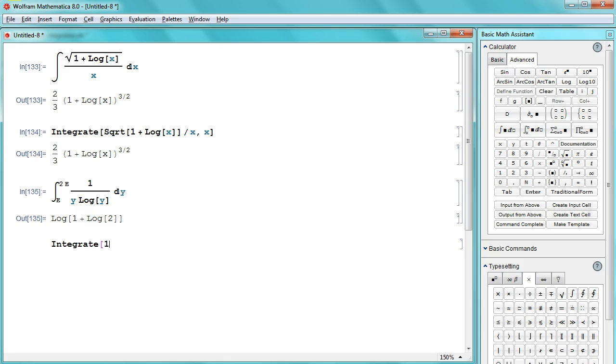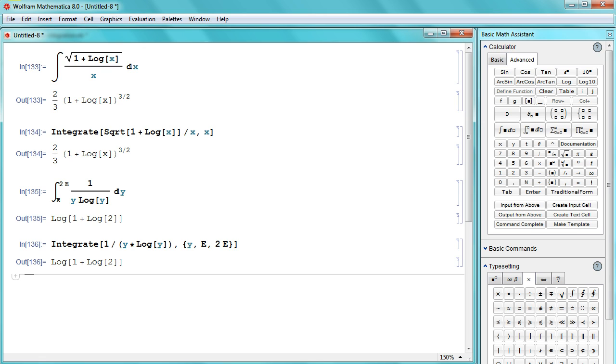Integrate 1 over parenthesis open y times log of y, brace open, y is running from e to 2e. And here we go. Okay, so using this basic math assistant, you can calculate a lot of integrals with mathematical symbols and with reasonable accuracy.